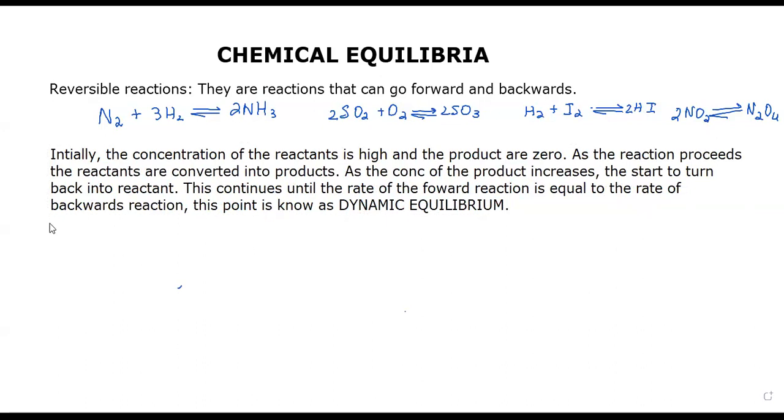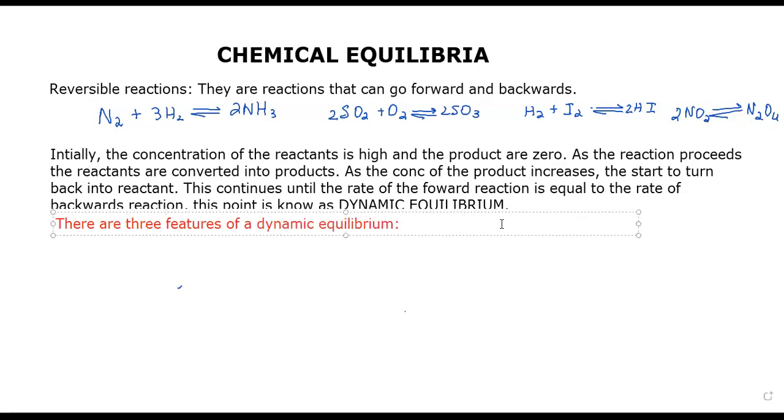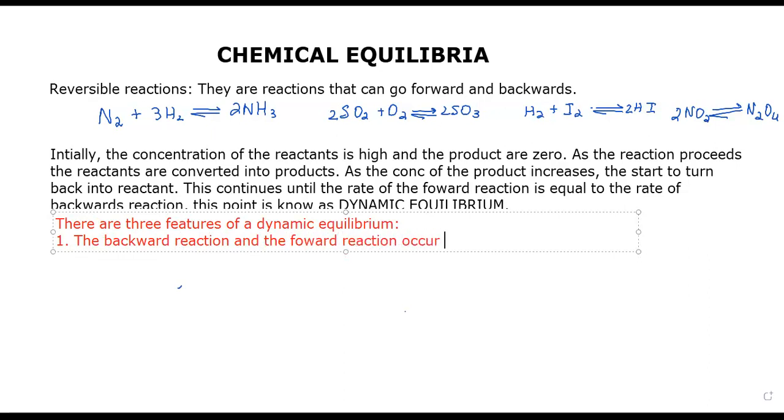Now, there are three features of a dynamic equilibrium. Number one, the backward reaction and the forward reaction occur simultaneously.